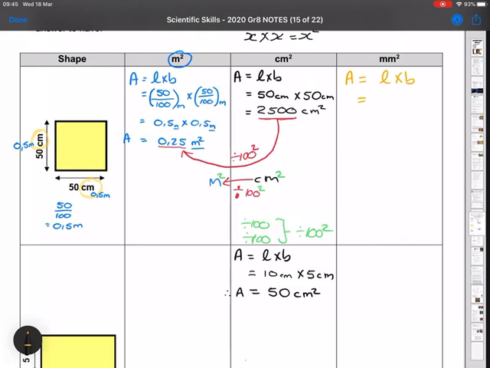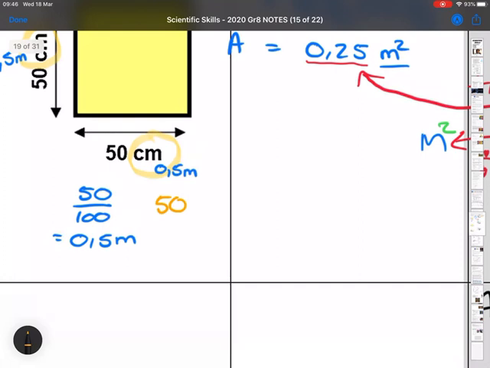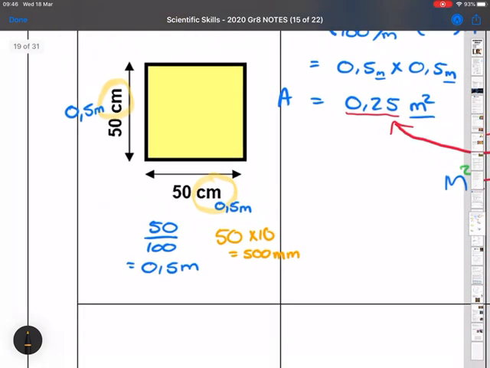To convert 50 centimeters into millimeters, you're going from a big unit to a small unit, so you would need to multiply. 50 times 10 would give us 500 millimeters. So 50 centimeters is the same as 0.5 meters, which is the same as 500 millimeters. And of course this side would be the same.